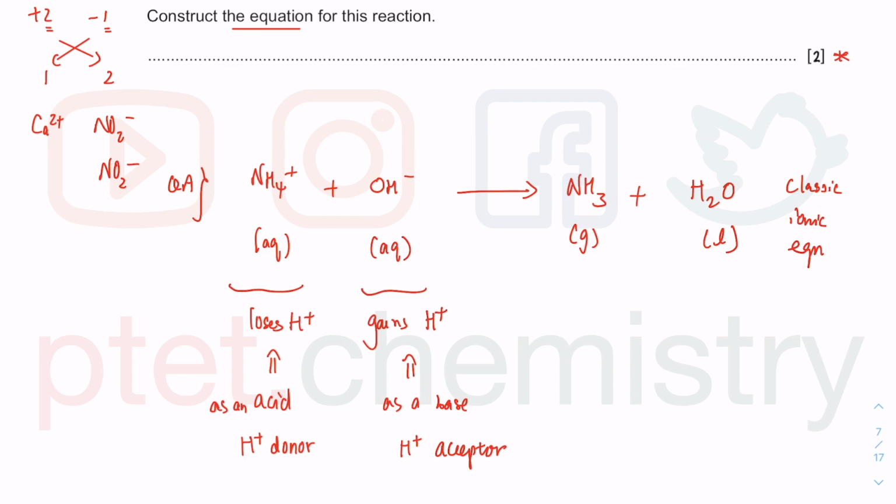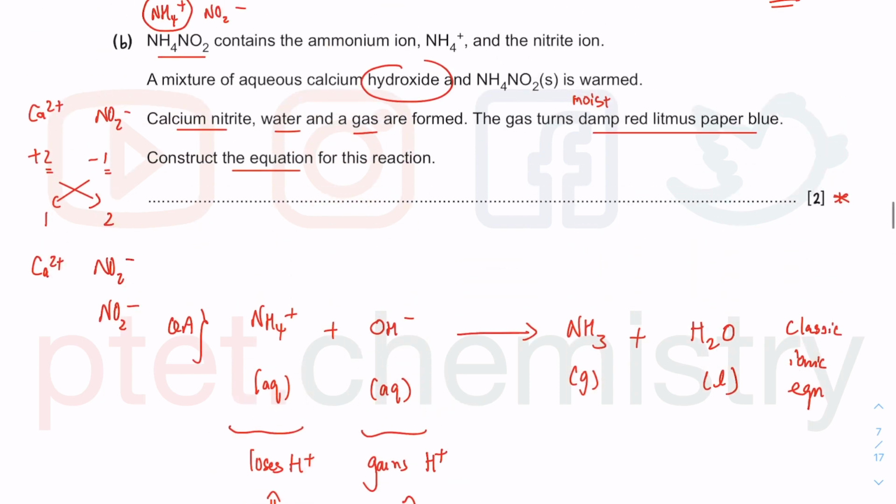That is atomic structure. So what do we have here? Let's write our balanced equation. NH4NO2 plus calcium hydroxide, and then I get calcium nitrite, and then I get NH3, and I also get H2O as well. So I have 2 of that nitrite, so I need 2 of that NH4NO2. I have 2 ammonium, so I'll get 2 ammonia.